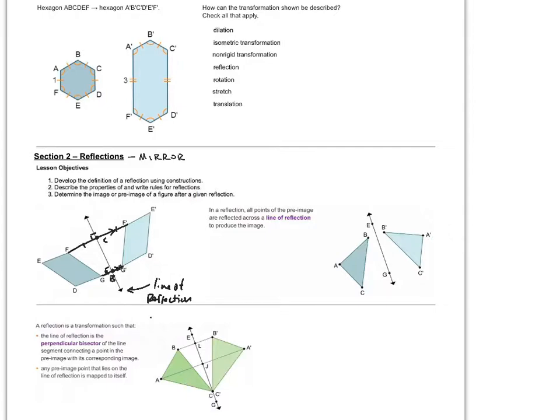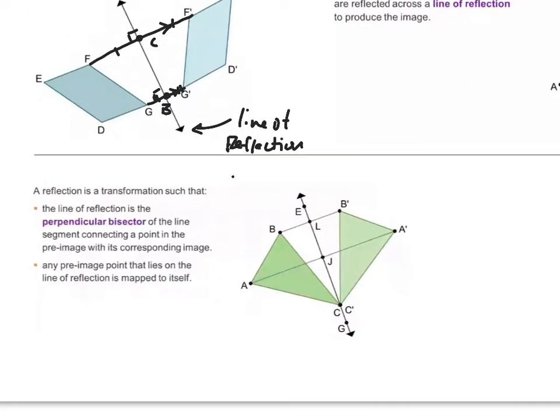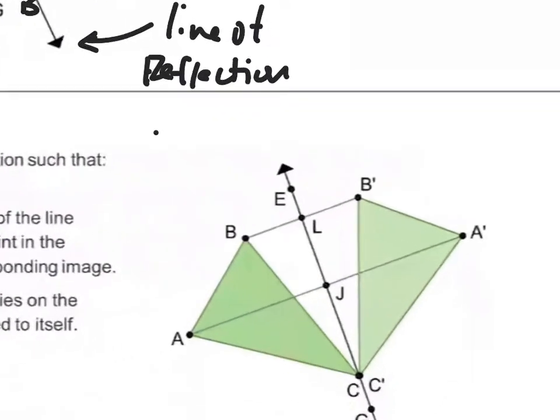Now let's look at another thing that we've already talked about. If I were to connect B and B prime, A and A prime, and C to C prime, the line of reflection is a perpendicular bisector of these line segments that connect across. So we did that before.